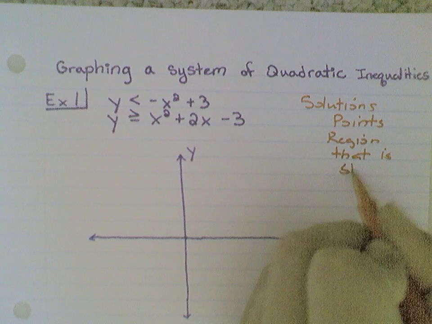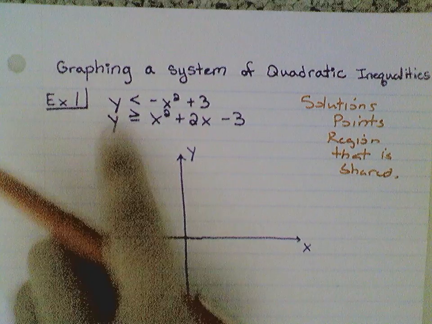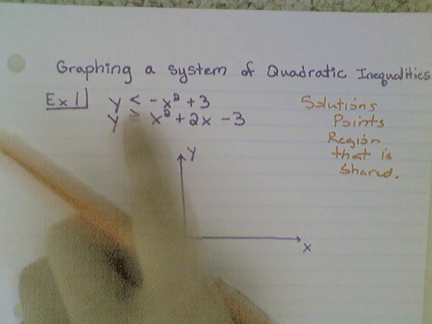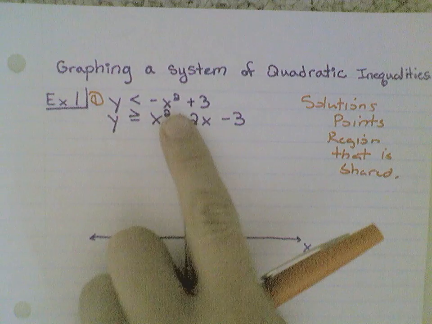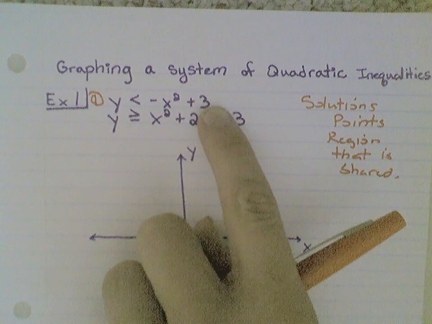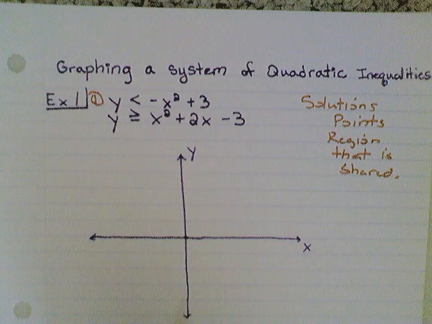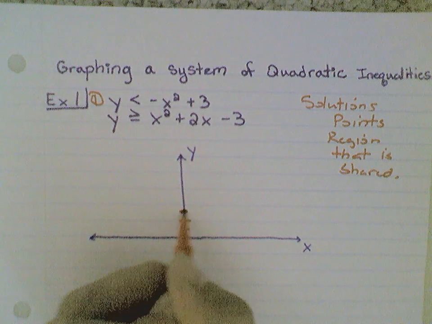Now, to be able to shade in that region, we first need to graph both equations. So I'm going to start by graphing equation number 1. And I can quickly graph equation 1 by using transformations. The plus 3 on the outside is going to move the graph up 3, so I can put the graph starting at 3.